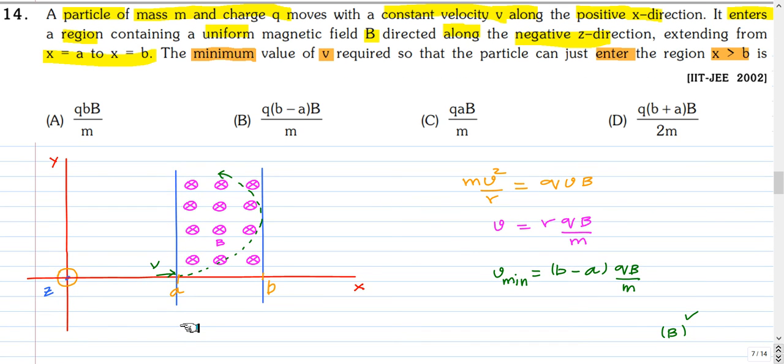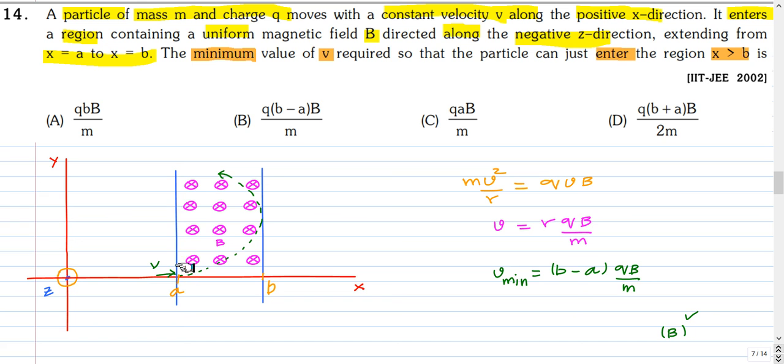Here is the solution. The xy plane is the plane of the paper and the z-axis is out of the plane of paper. The magnetic field is along the negative z direction, so into the plane of paper as shown here, and it extends from x equal to a to x equal to b. The particle has a velocity v, so as it enters the region x greater than a, it will start moving in a circular path.